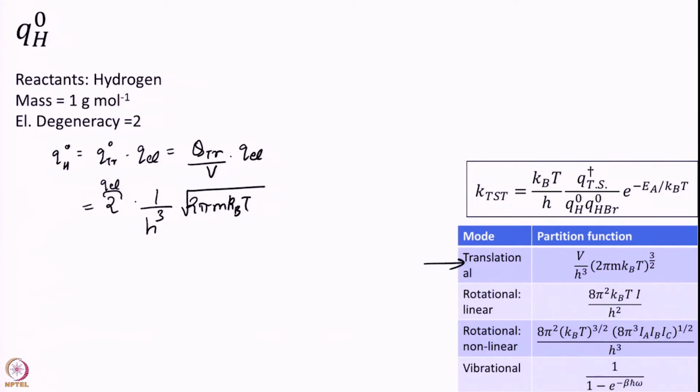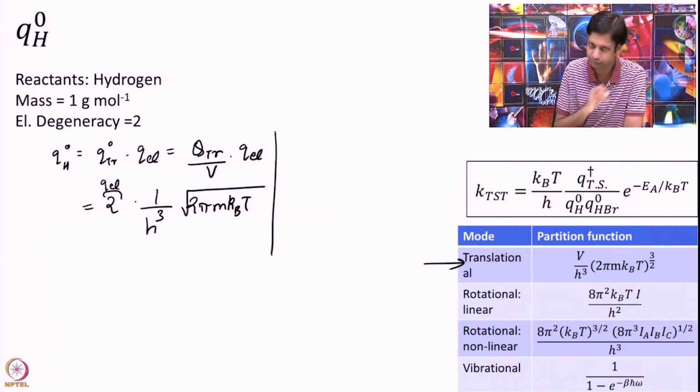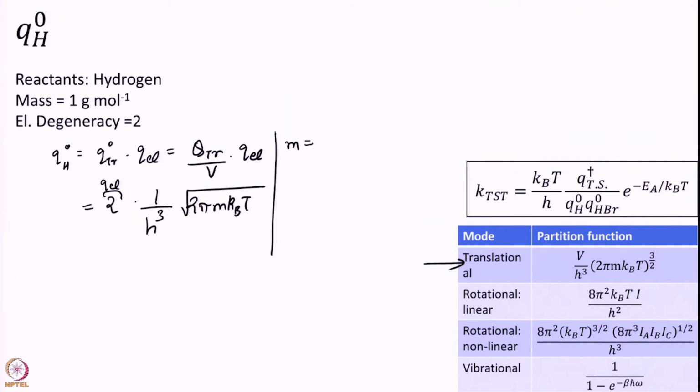I have always to be very careful with units. I will be using throughout SI units only. So, the mass I need is in kilograms, that is the SI unit. What I have is 1 gram per mole.